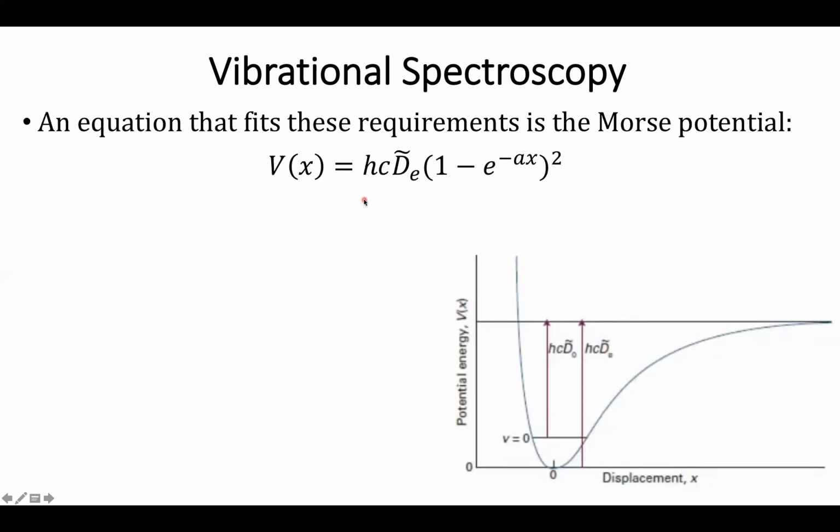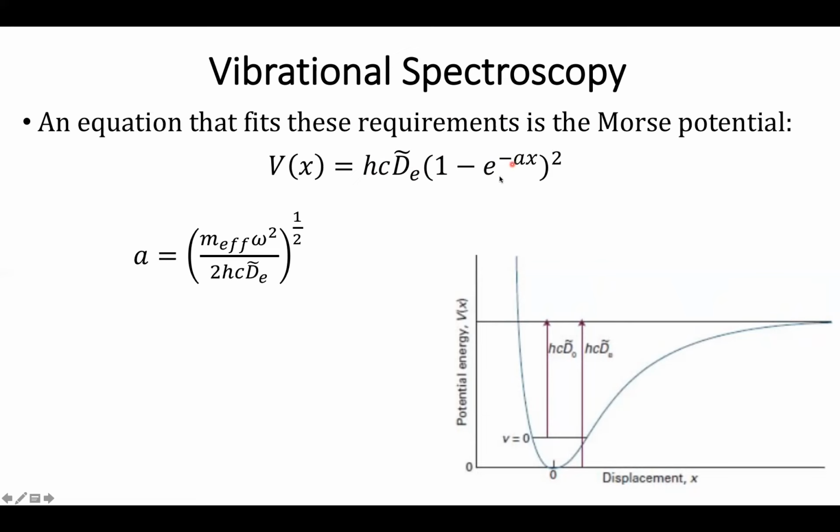So our Morse potential is essentially given by a constant. The constant is typically given in values of wave numbers, which then to turn into a potential, we have to correct by our good old friends hc. But our key feature here is actually going to be this exponential feature in the middle, which has a slow decay offset by a value of 1.